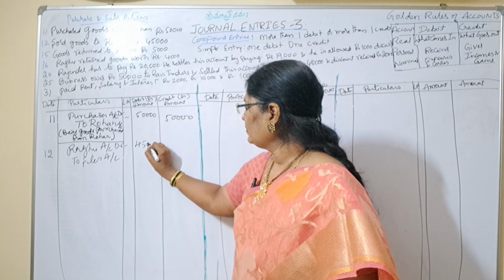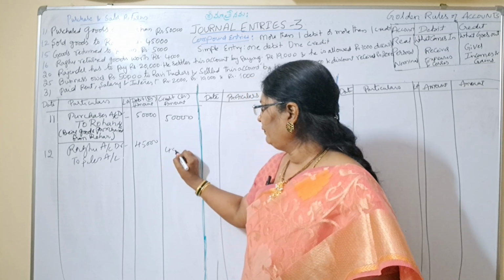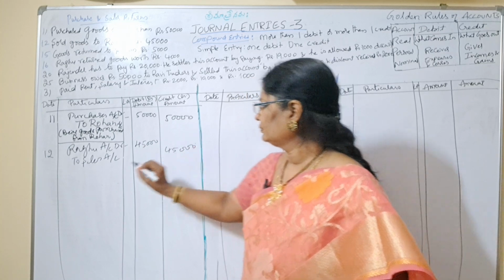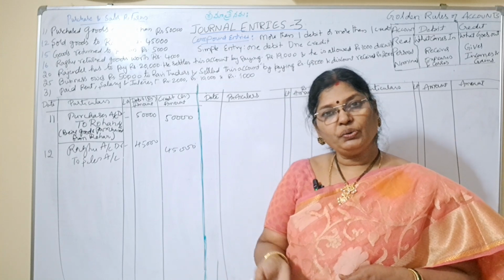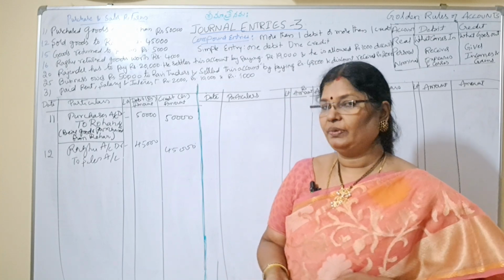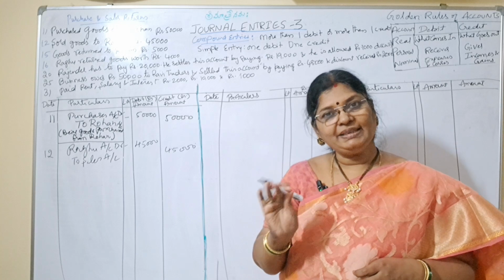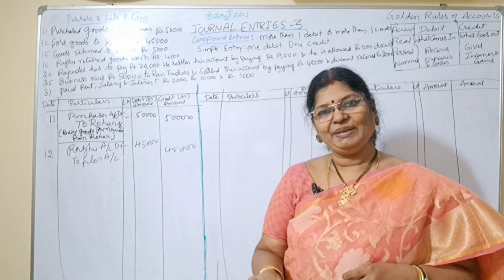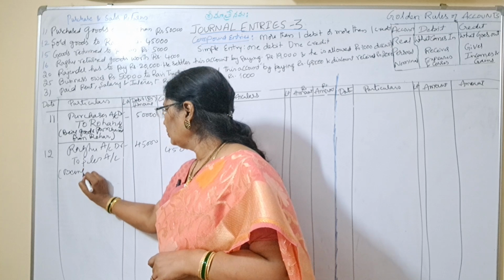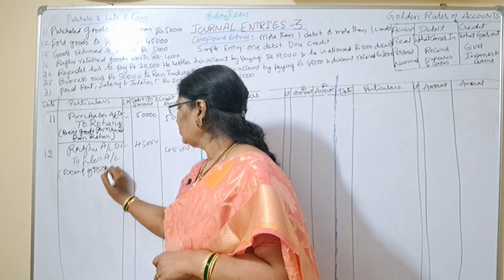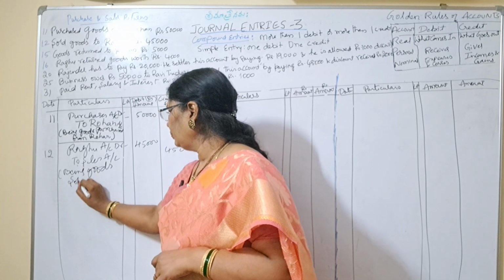So what narration will you write? We sold goods to Raghu. If you are writing just a name, it is understood that it is sold on credit basis. Being goods sold to Raghu.